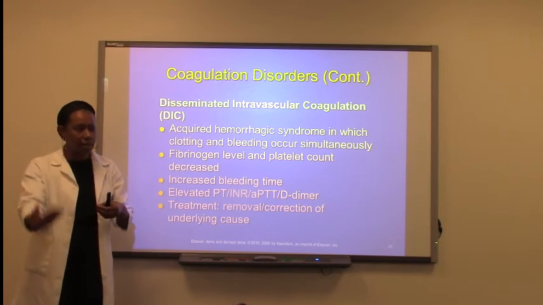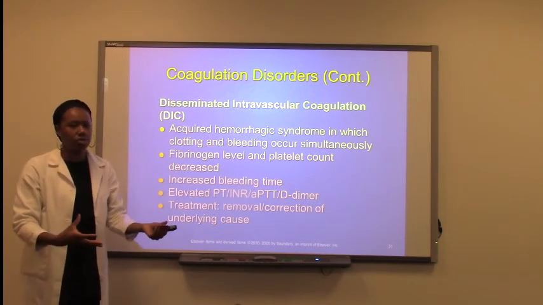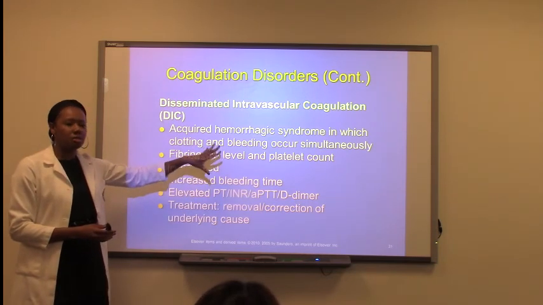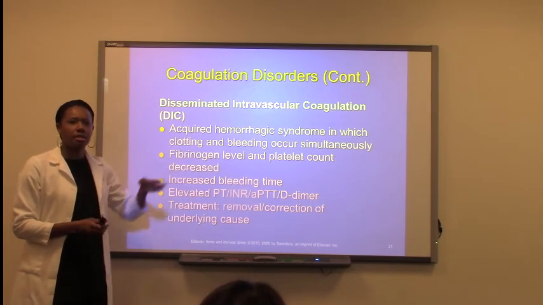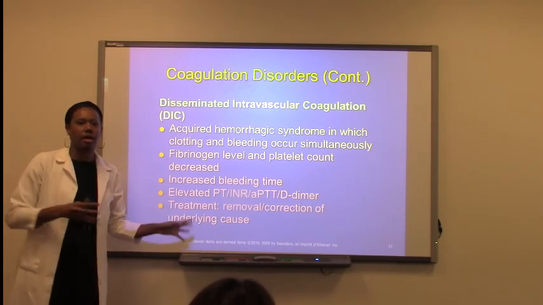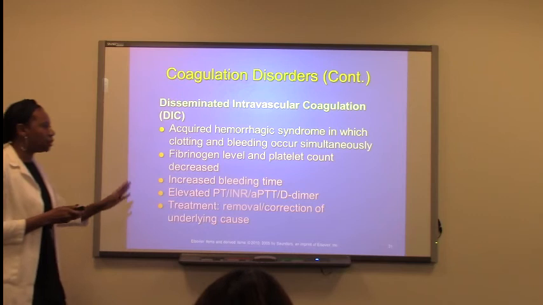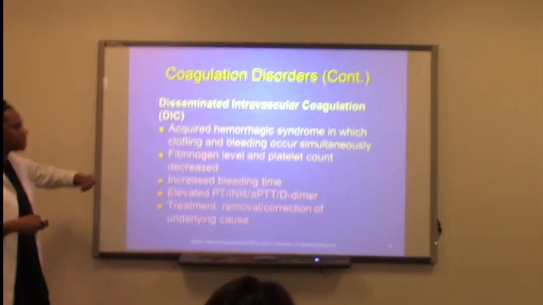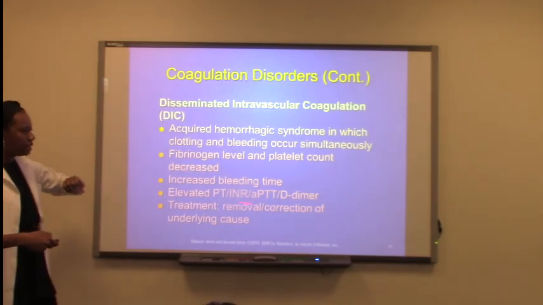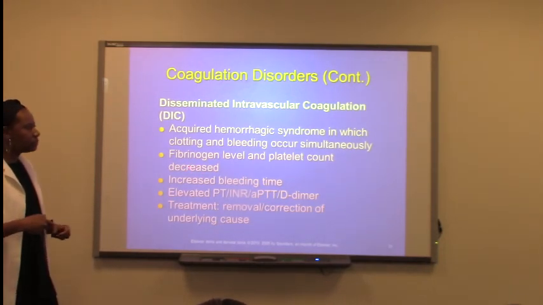As much as it's hemorrhaging, it will try to do the same amount of clotting. So the person will hemorrhage and clot simultaneously. This is a vascular issue, because the body's hemorrhaging and then it's clotting. And so what happens here is that, please keep in mind, and I do want you to know all of these levels that are listed here.